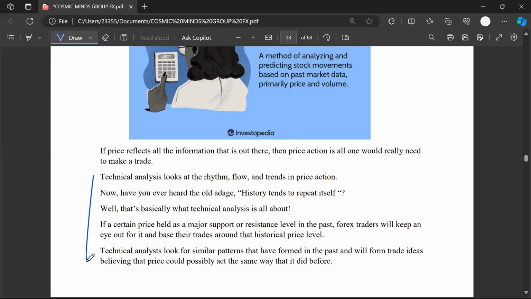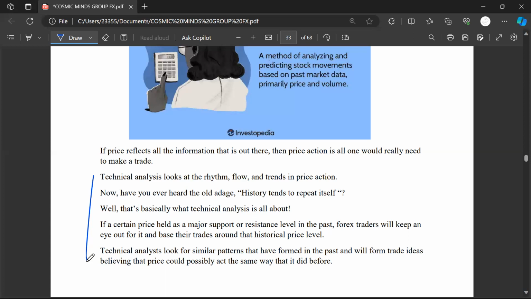Have you ever heard the old adage, history tends to repeat itself? Whatever is happening in the market, how things happen, the reaction between the sellers and the buyers, whatever happened there is what many times happens again. So history actually can repeat itself. It happens in real life.